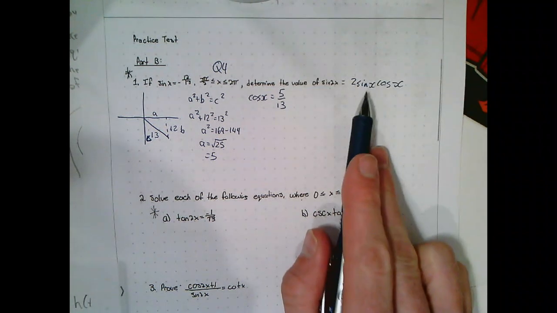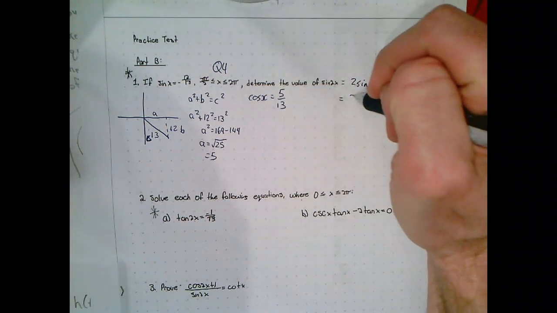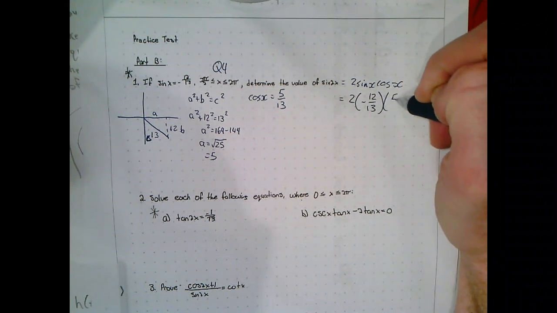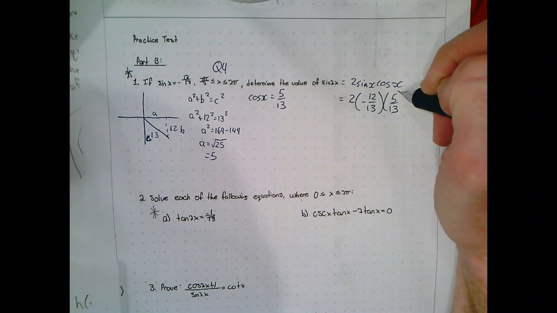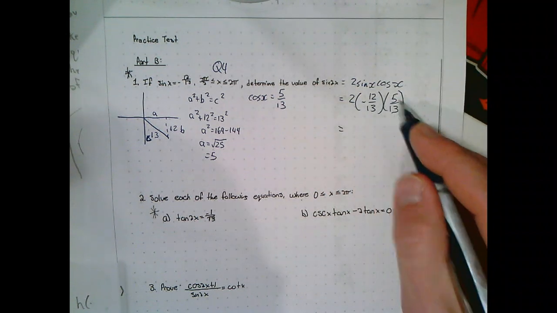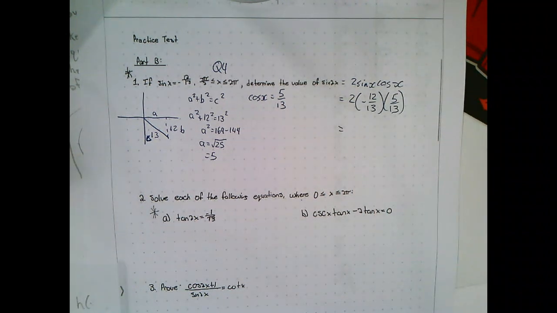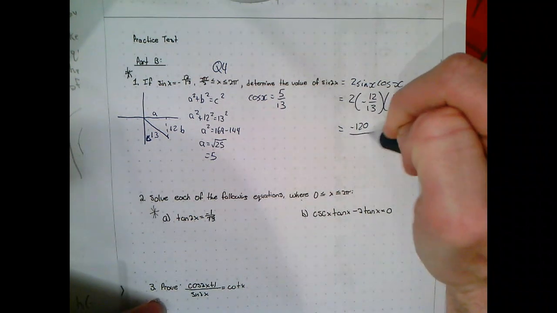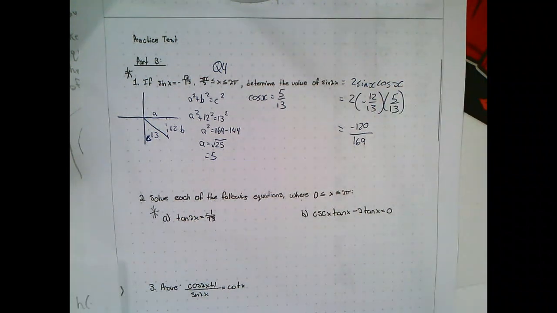Now to find the value of sine 2x, we simply say 2 times negative 12 over 13 times 5 over 13 to give us negative 24 times 5, which is 120, negative 120 over 169.